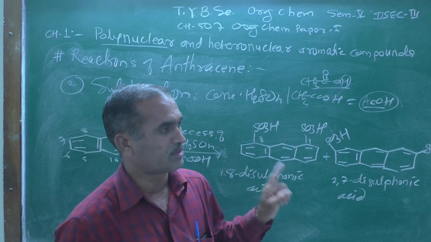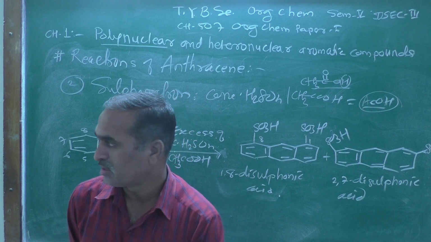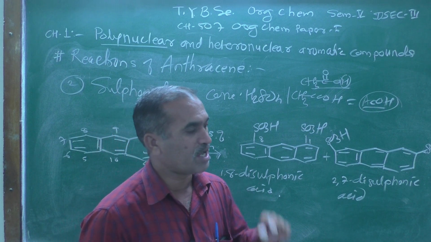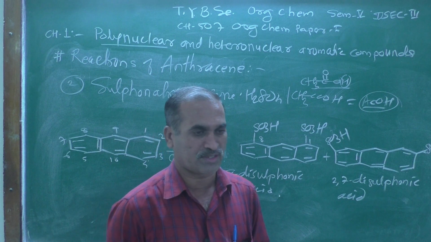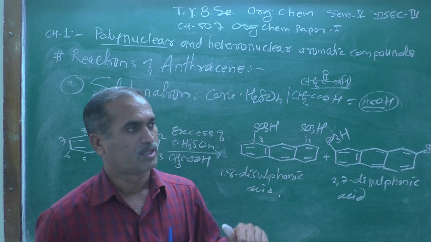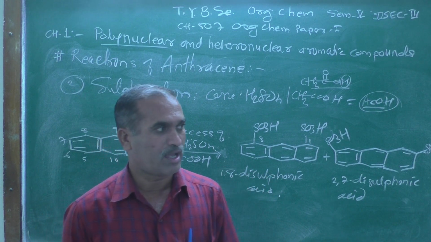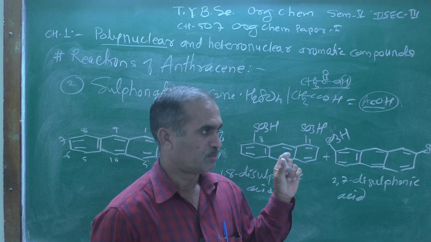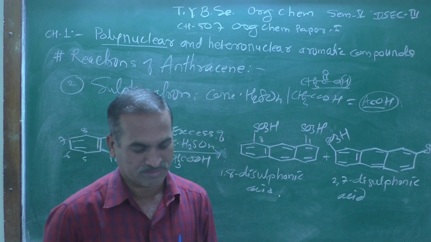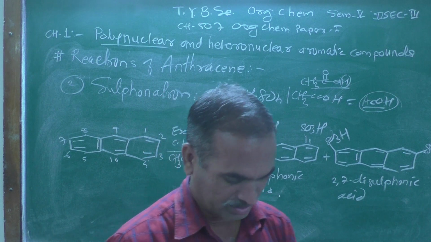So alpha anthracene sulfonic acid, and another is beta anthracene sulfonic acid. Or we can say 1 anthracene sulfonic acid and 2 anthracene sulfonic acid. That's the product which we are getting.